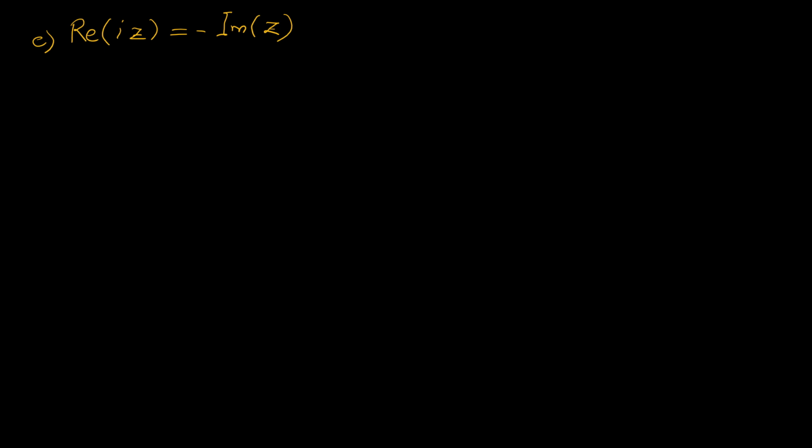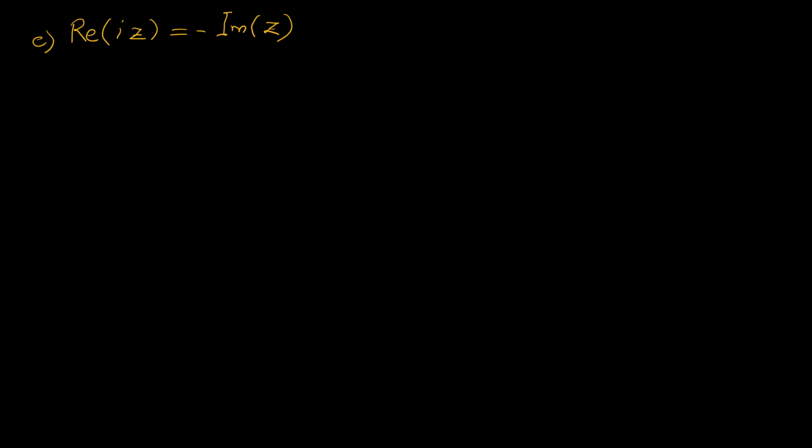We want to show that real of iz is equal to negative imaginary part of z. Similar to the previous parts, we suppose z is a complex number, and when we talk about a complex number, immediately we know that z can be represented in the form of x plus iy.